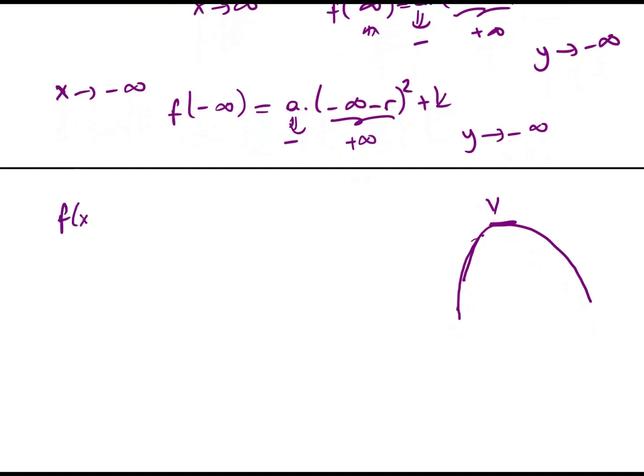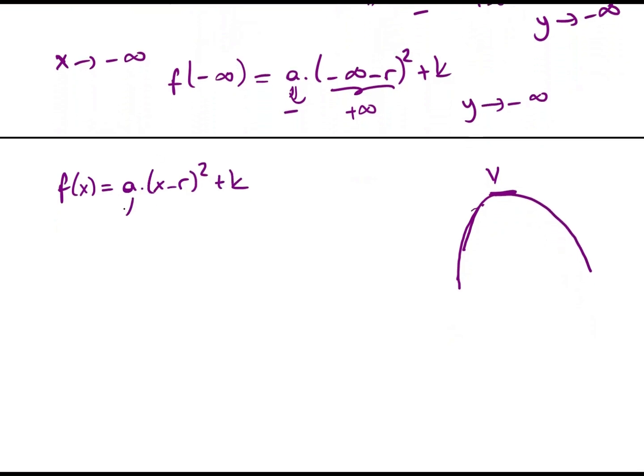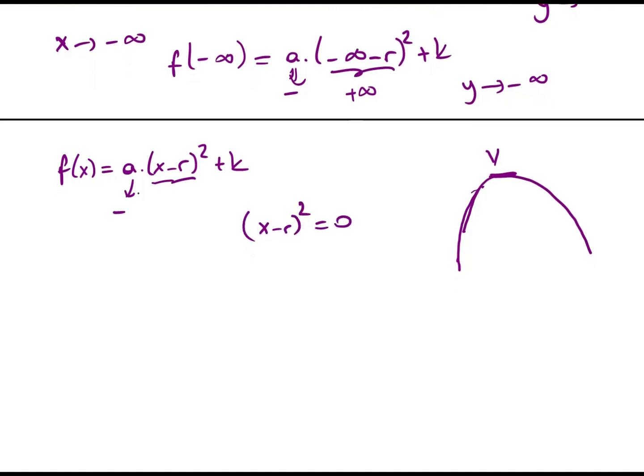So again, if we check the function f of x equals a times (x minus r) squared plus k, we know that a is negative, right? So if we choose the minimum value of the squared expression, which is zero when x equals r, the function will get its maximum value because a is negative.